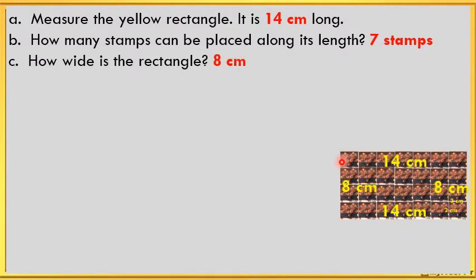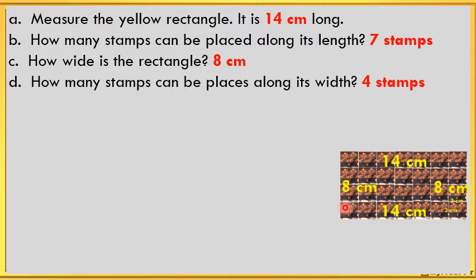C. How wide is the rectangle? Children, we have already measured with scale the width, that is breadth of the yellow rectangle. It is 8 centimeters. D. How many stamps can be placed along its width? We can place 4 lines of stamps along its width.